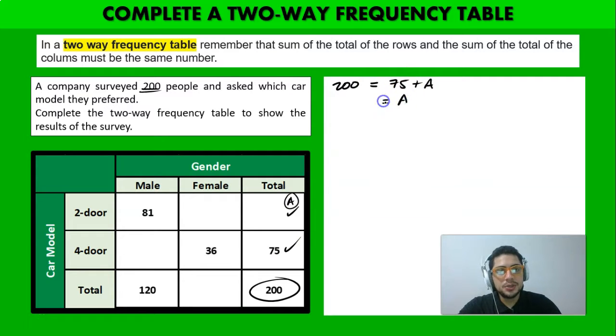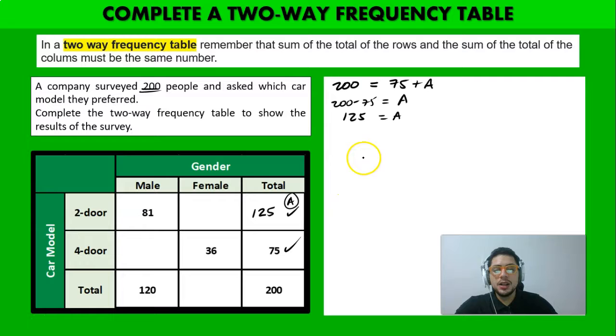So A is going to be equal to 200 minus 75, right? And that is going to give us an answer of 125 people. So that means that there is a total of 125 people who prefer the two-door car model, right?